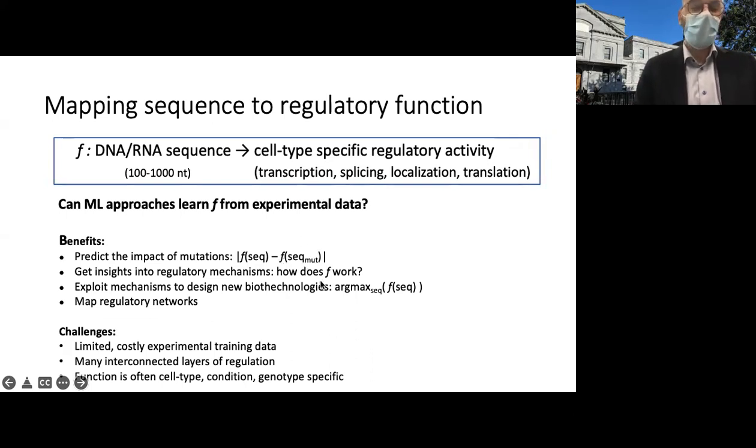We might be able to understand better the biological mechanisms that underlie how this function works, and so on and so on. But of course, it's a really challenging function to learn.